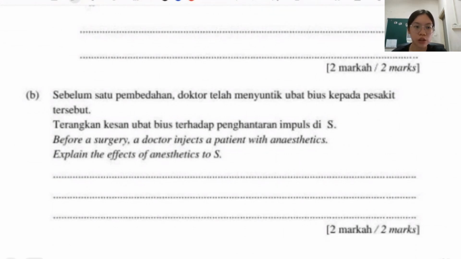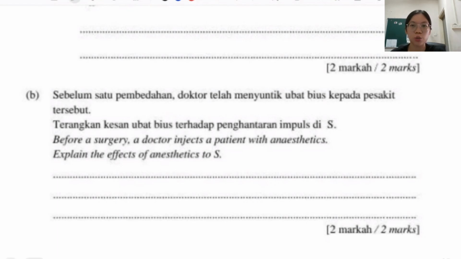So what do they actually do? It acts like a depressant. It will slow down the transmission of nerve impulse. When you slow down the transmission of nerve impulse, there will be less neurotransmitter released, so less transmission of impulse.